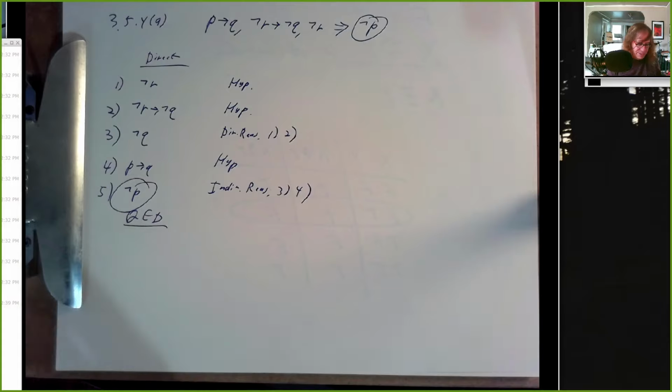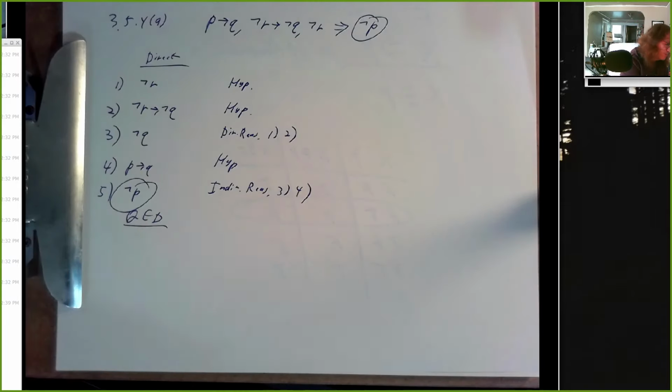Okay, let me show you an indirect proof that's not really an indirect proof. So an indirect proof, remember, what we do is we negate the conclusion and we argue to a contradiction.